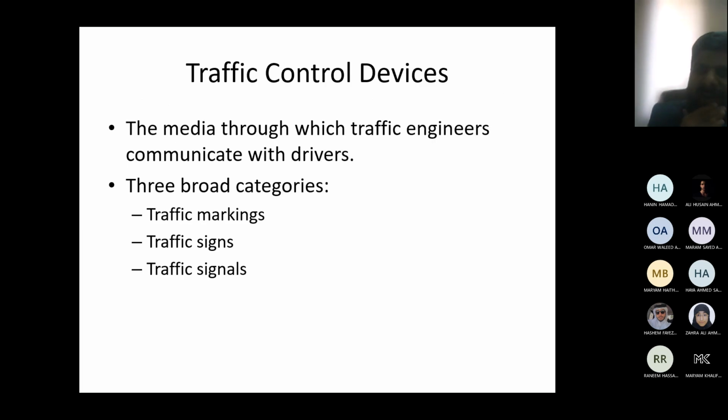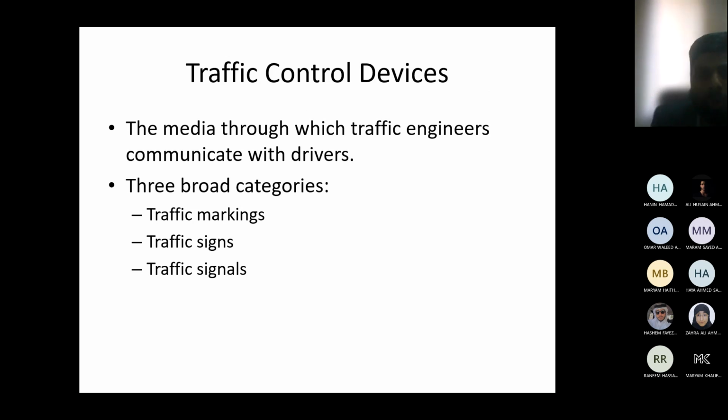What are traffic control devices? Anything which is used to communicate information to the driver is a traffic control device. I'm not talking about text messages from their wives and husbands and so on. I'm talking about information related to the road, communicated by the traffic engineers or the traffic management authority.